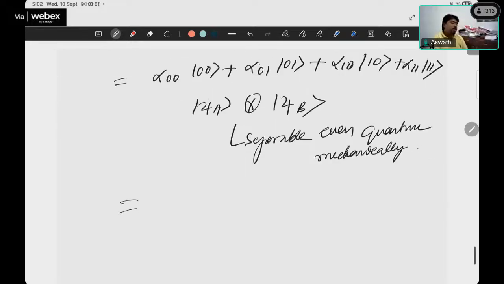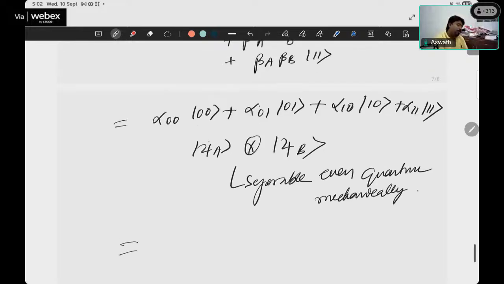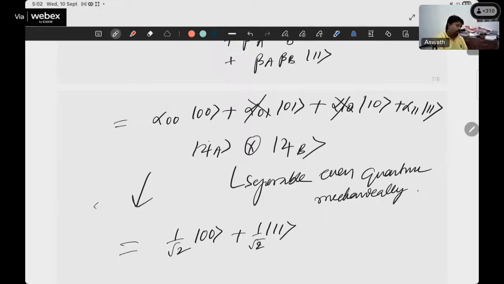Now, when they start interacting, what happens? Somehow the probability amplitudes of the middle two states are destroyed. So what is left is, let's say, |00> plus |11> with probability amplitudes becoming 1 by root 2, 1 by root 2. Evolution somehow evolved into this form.